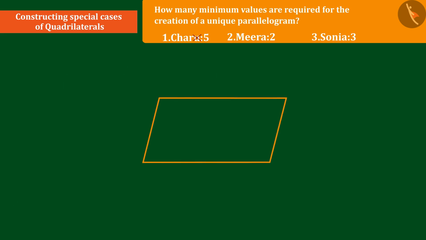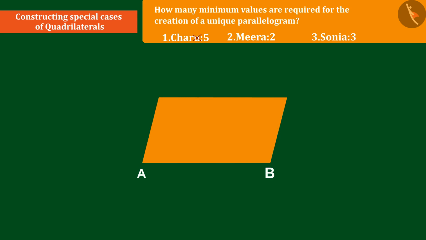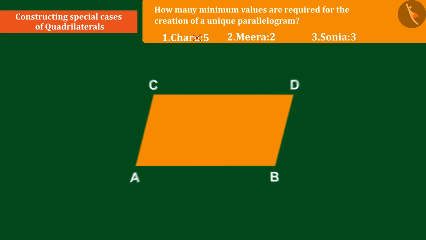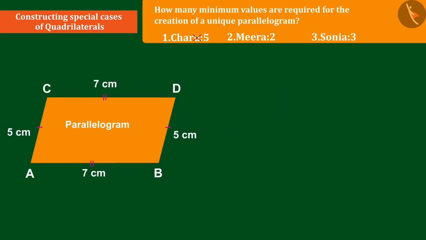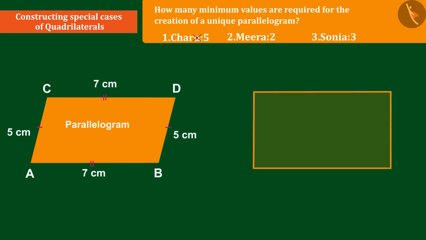Suppose we construct a parallelogram ABCD in this way. The measurement values of the adjacent sides of ABCD are 7 centimeters and 5 centimeters. From these measurements, we can also construct a rectangle.